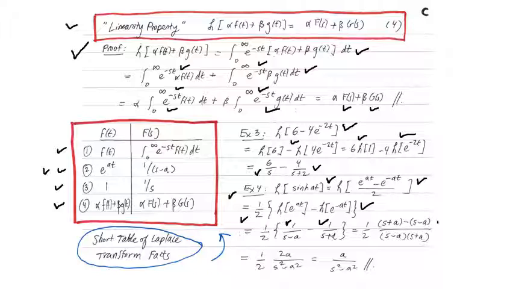I'm going to find a common denominator here, which is s minus a times s plus a. And fixing up the numerators, we have s plus a minus the quantity s minus a, which simplifies to just 2a.